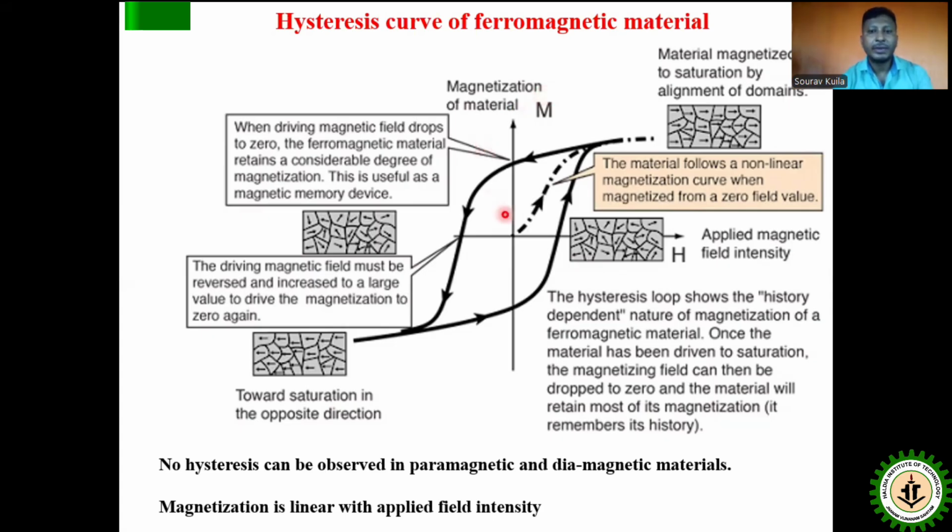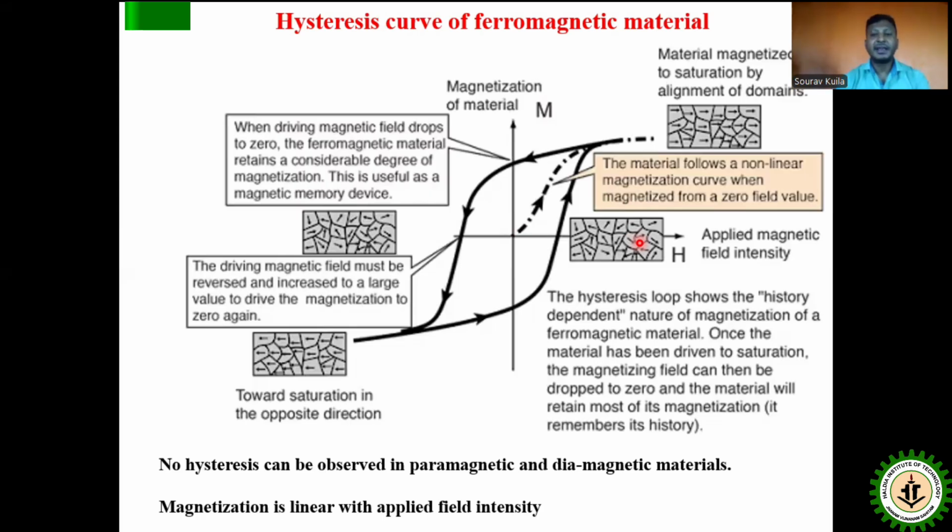So first, if you apply no magnetic field, there will be no magnetization. It is zero at the origin, because all the domains are randomly oriented. Now you are applying an external magnetic field. While you are applying it, domains try to align to the direction of the applied magnetic field.